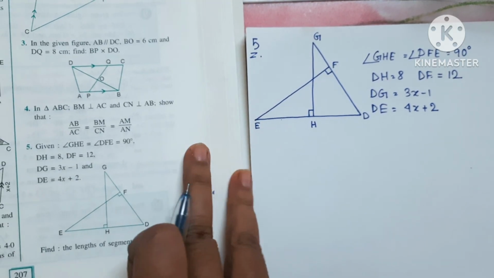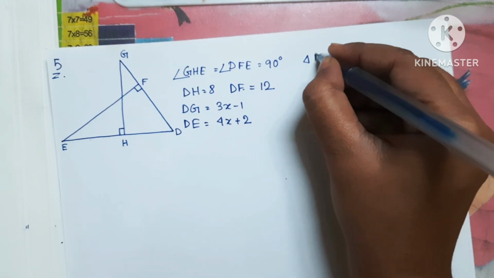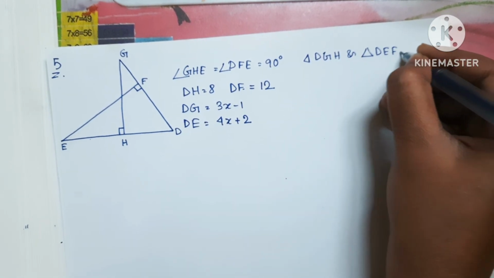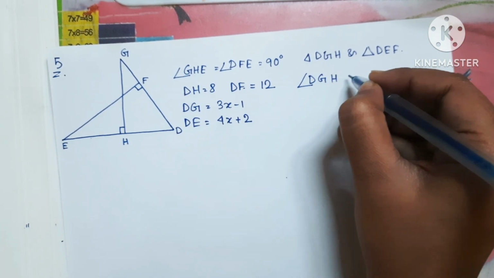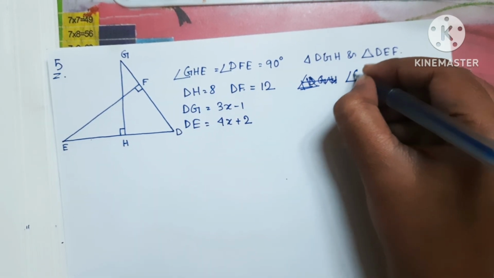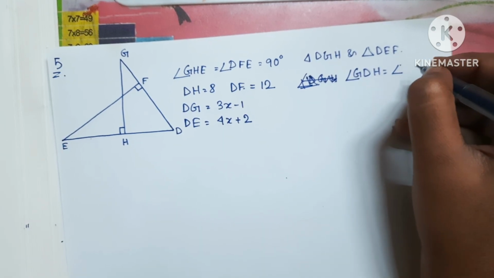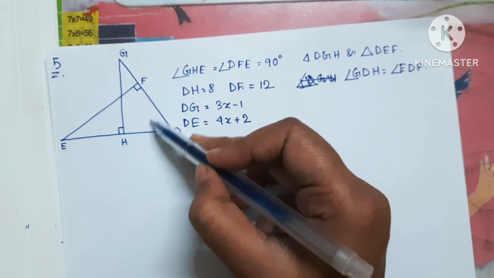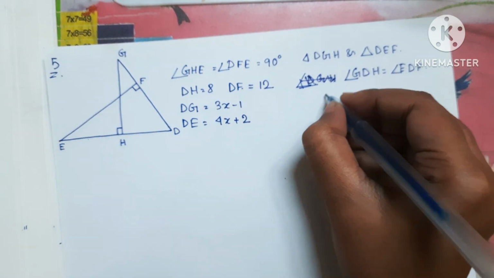Okay. Now see, if you consider two triangles DGH and DEF, angle GDH is equal to angle EDF. See, same angle, this angle and that angle. D is common angle.